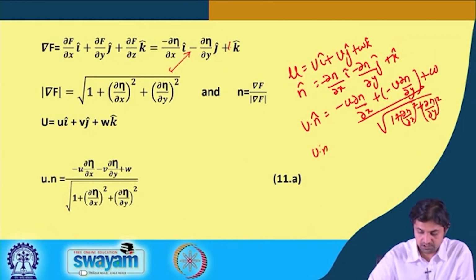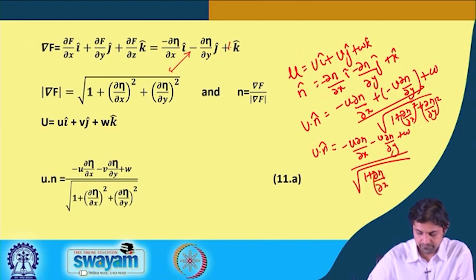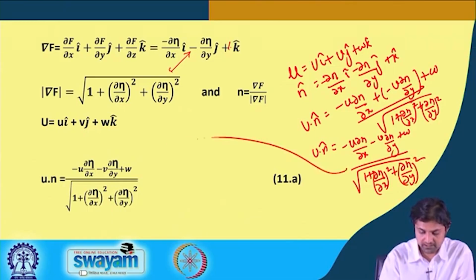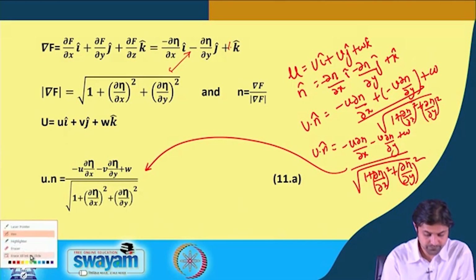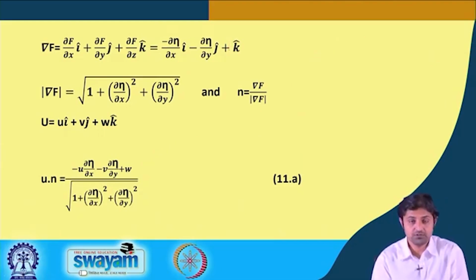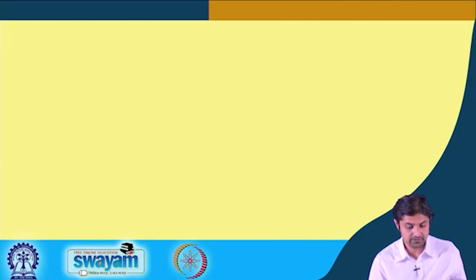So u dot n is minus u del eta del x minus v del eta del y plus w divided by the denominator. Okay, same as this one here. So this is what we get for u dot n.